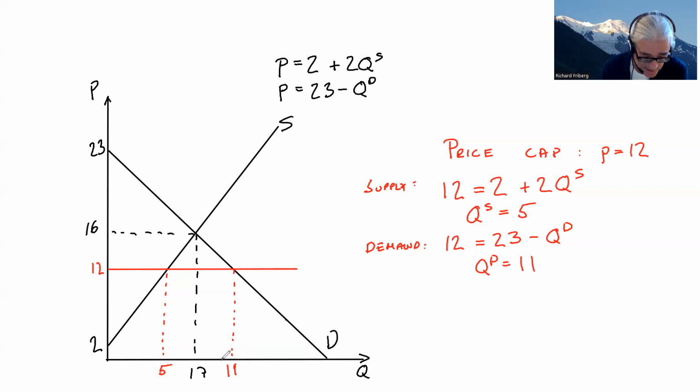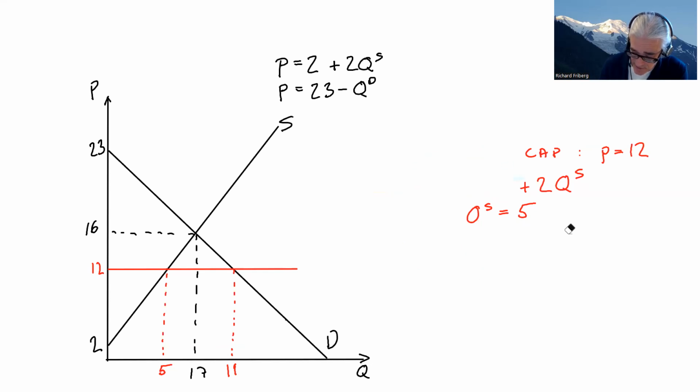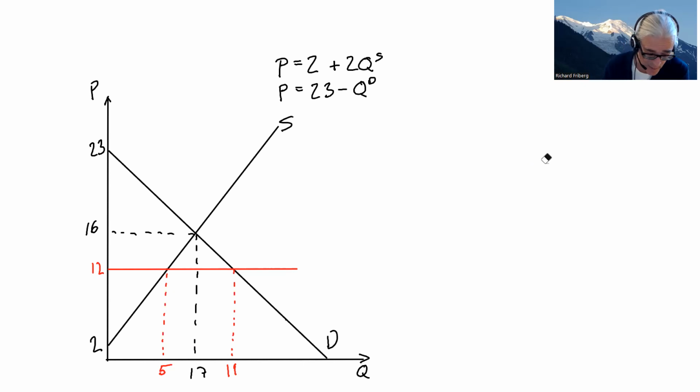What if we now look at the welfare effects of this? As before, we look at welfare by the change in consumer surplus and producer surplus. Welfare is the sum of consumer surplus and producer surplus as our measure.